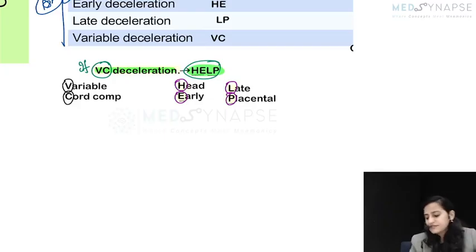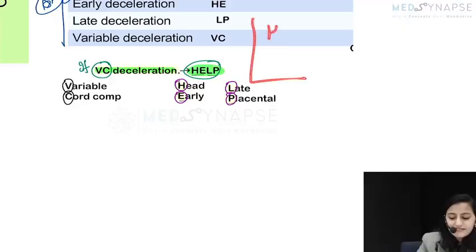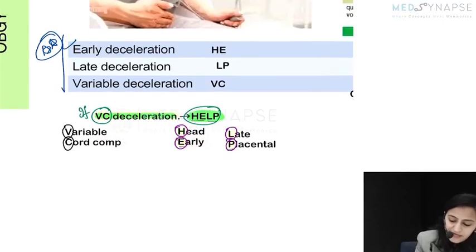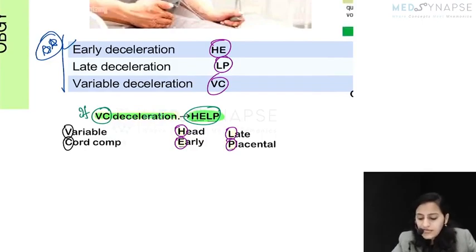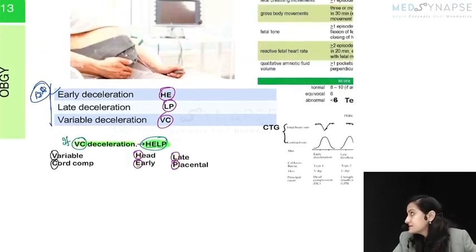Late, placental. VC, help. Help was also the mnemonic for efficacy, potency. Height efficacy, left potency. Right, so remember that it is help and VC. Cord compression will give variable deceleration.